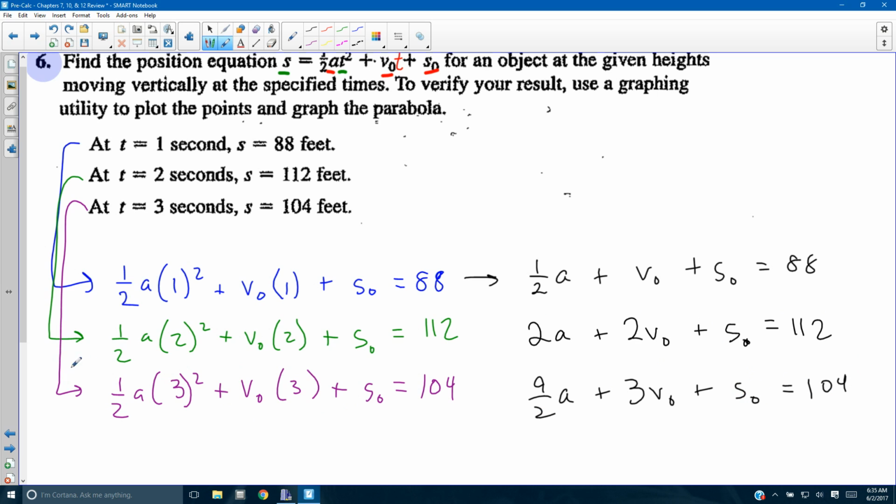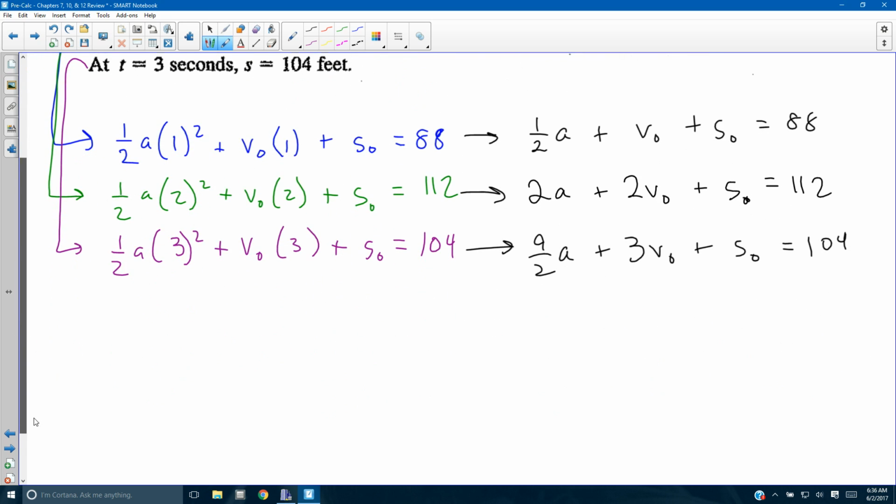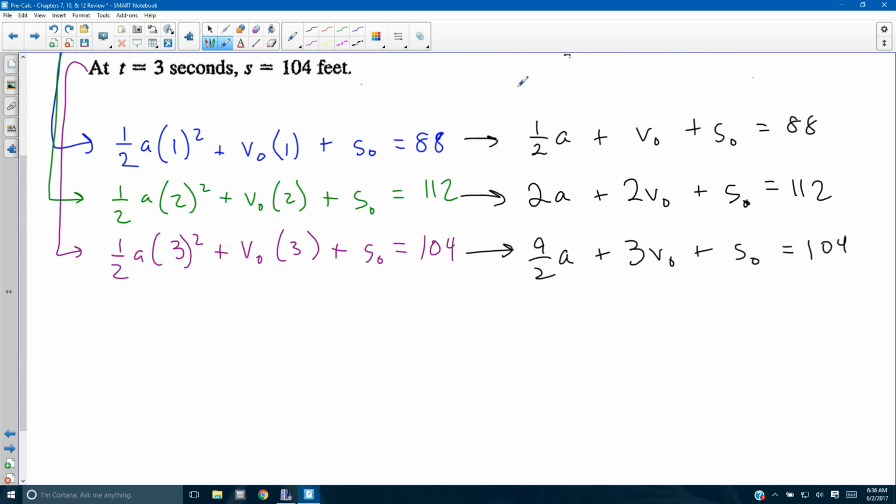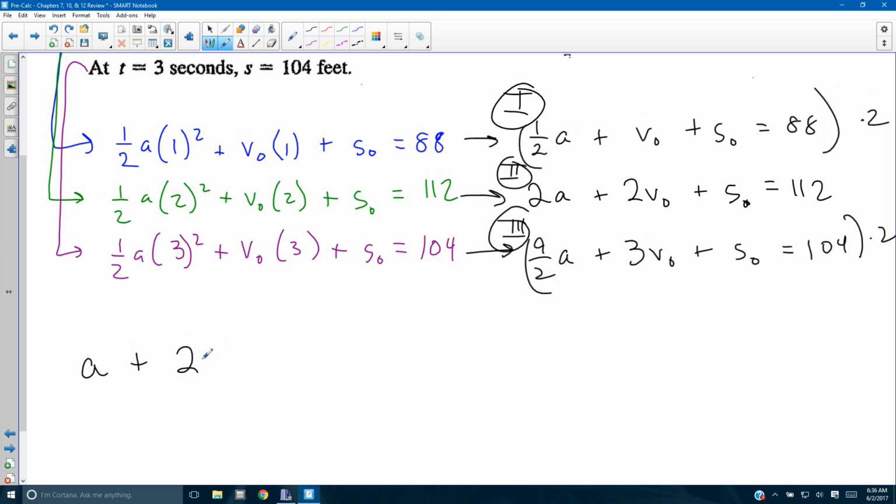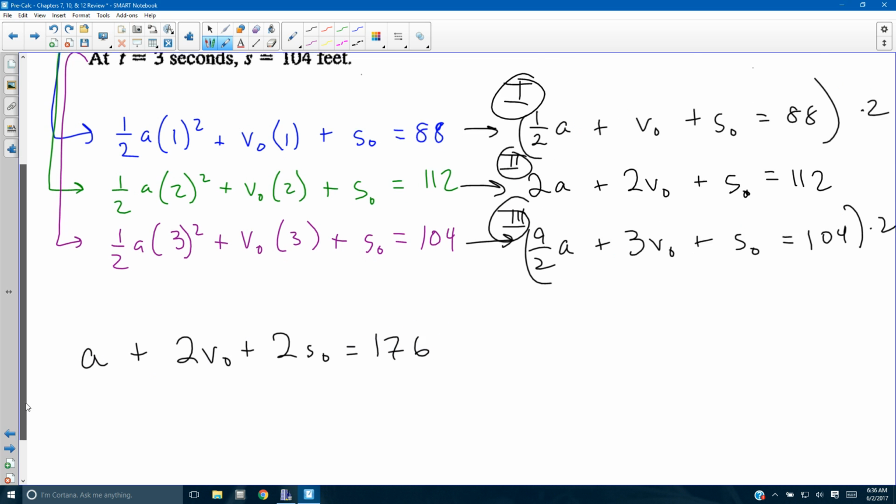One other thing that will make me more comfortable with these problems is if the fractions are gone. I'm not particularly enthused about using these as fractions. These are equations 1, 2, and 3. Equations 1 and 3 have fractions within. I'm going to go ahead and multiply these ones by 2. I'm going to rewrite these one last time before I start solving for these variables. So multiplying by 2, I'll get a plus 2 v naught plus 2 s naught equals 176 for equation 1.